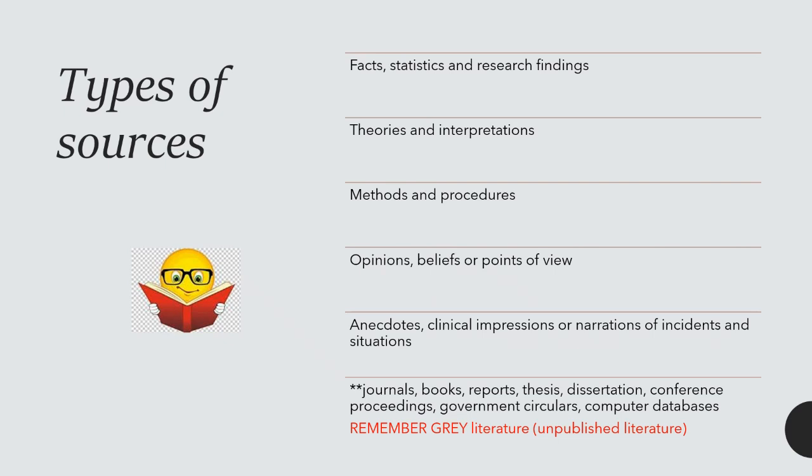So that can be a source of information. Information could also be opinions, beliefs, or points of view, but those are often the softer types of sources, and they are not empirical. Facts, statistics, research findings, theories, interpretations, and even methods and procedures are sources with evidence, so they are scientific sources.